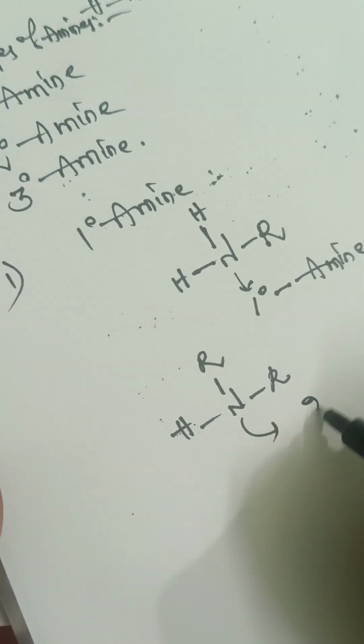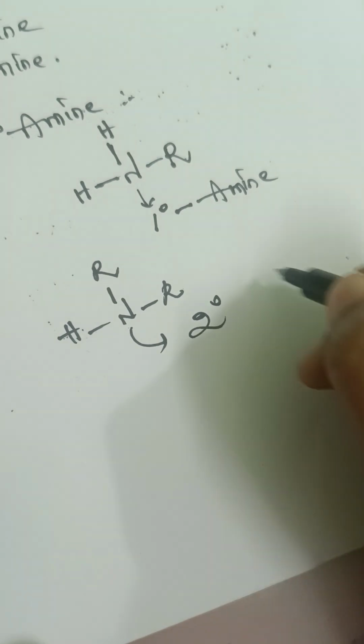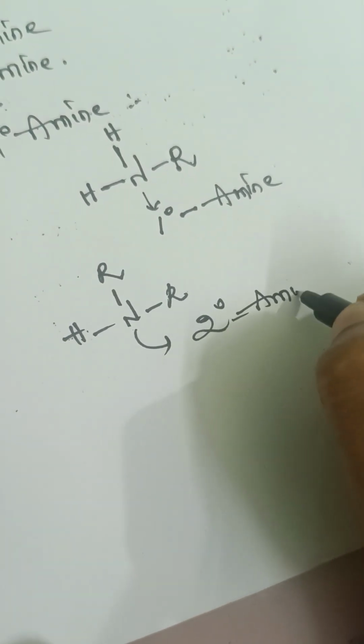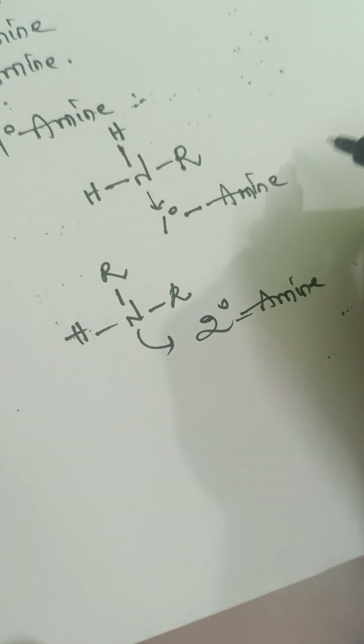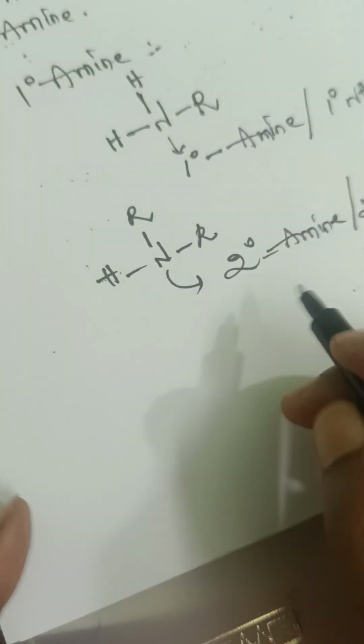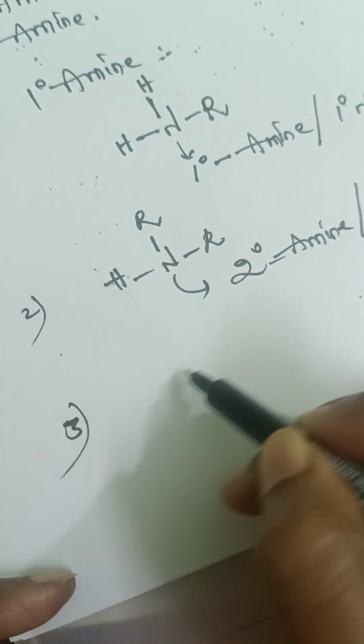This is called a secondary amine. You can also write primary NH2, secondary NH. Similarly, tertiary. This is the second one. This is the third one.